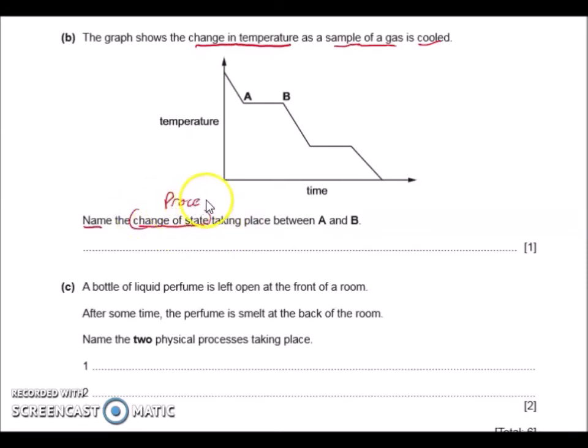Here we have gas plus liquid, and at this point it will be converted fully to liquid. So this is the condensation process.